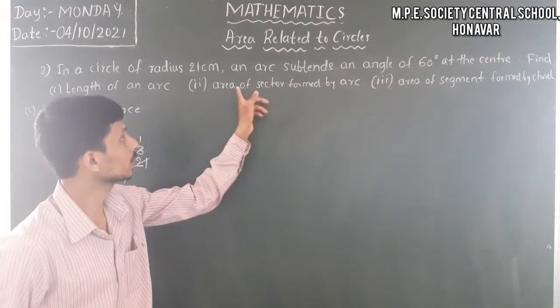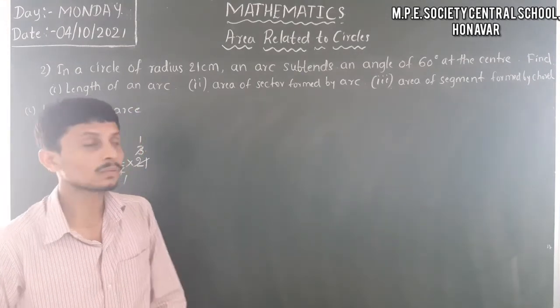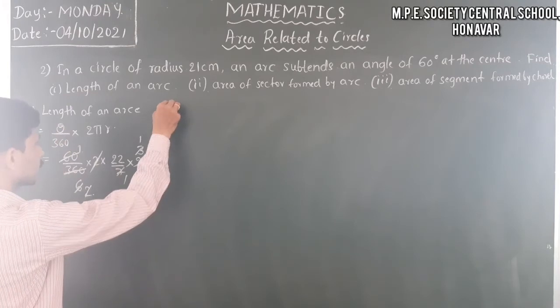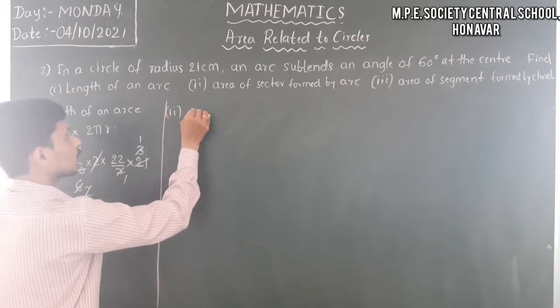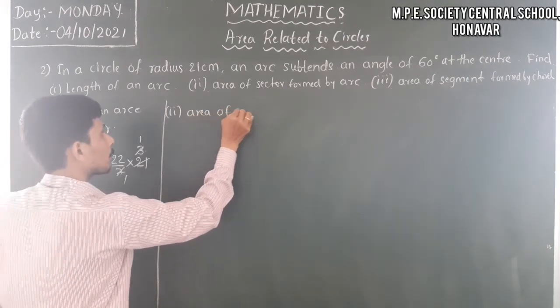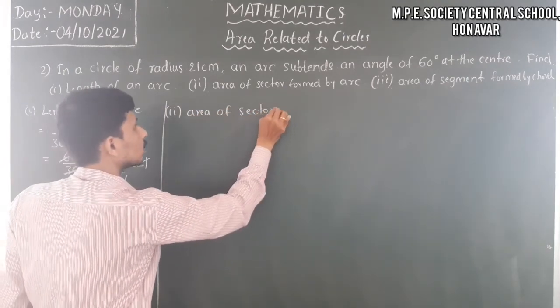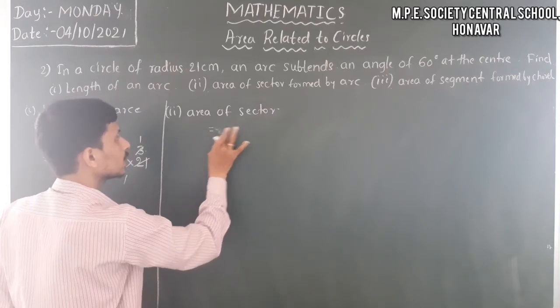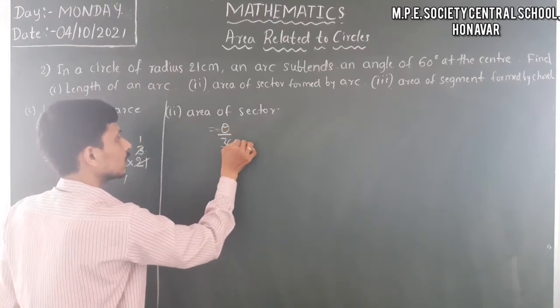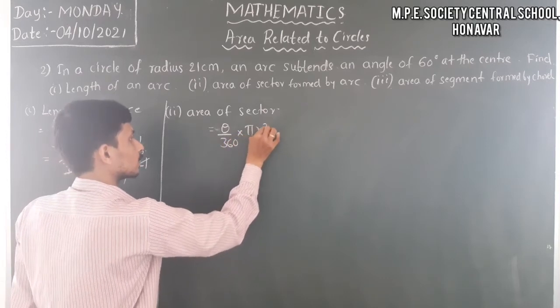Then we move on to the next one, the area of the sector formed by the arc. Area of sector, we already know, is theta by 360 into pi r square.